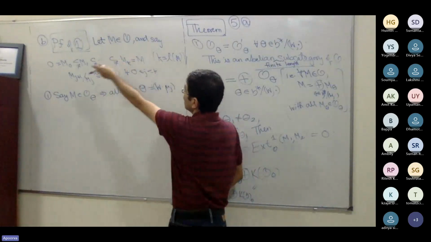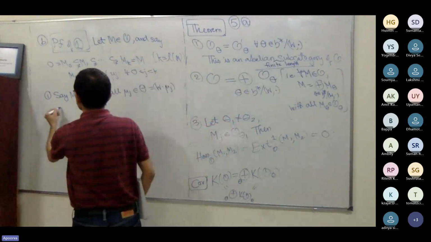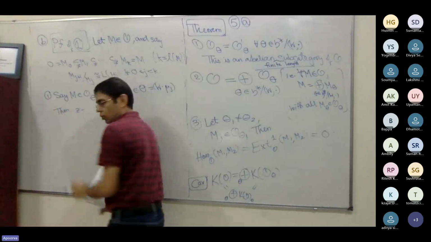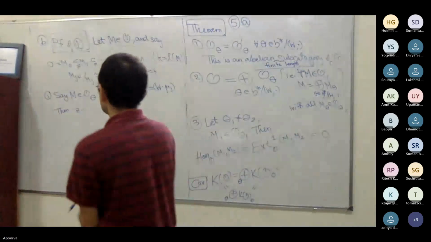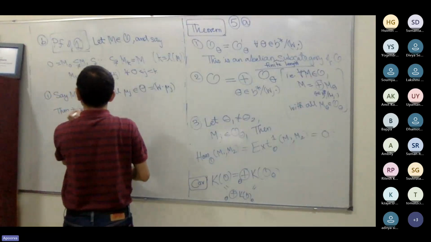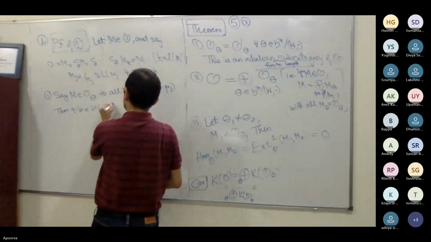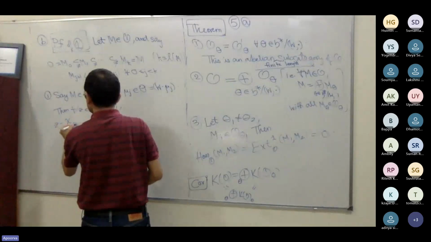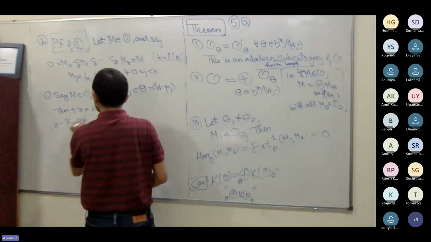Great. Now what do we do? Now we just look here. For all central elements Z, what do you know about Z minus chi theta of Z? This will kill Lmu j.